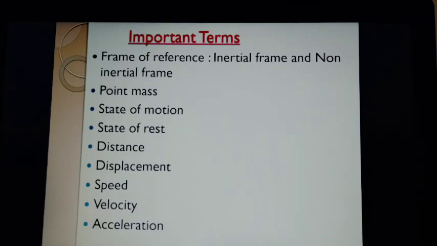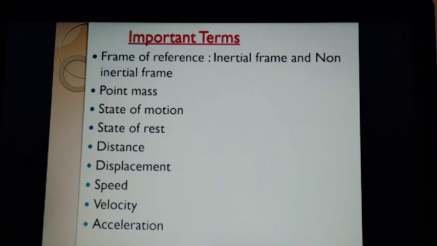The inertial frame of reference is a non-accelerated and non-rotating frame of reference, because the first law talks about uniform motion, with a constant velocity. So when it is a constant velocity, that is non-accelerated.